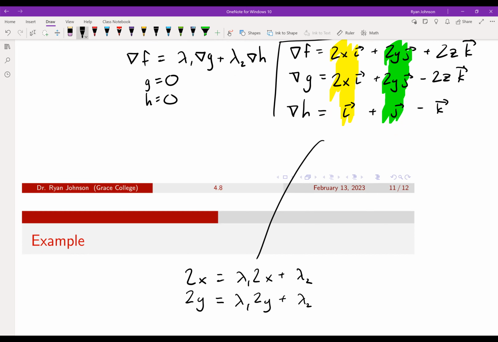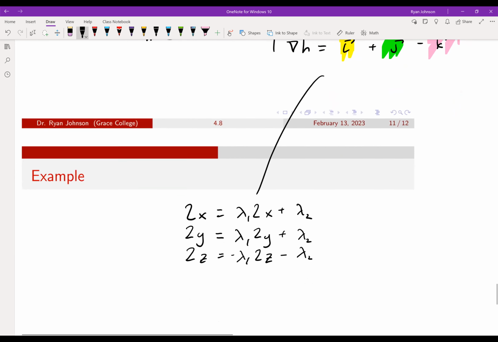And then finally, with our k's, we're going to get something similar but some negatives. So 2z equals negative lambda 1 times 2z minus lambda 2 times 1. Or basically lambda 2 times negative 1.